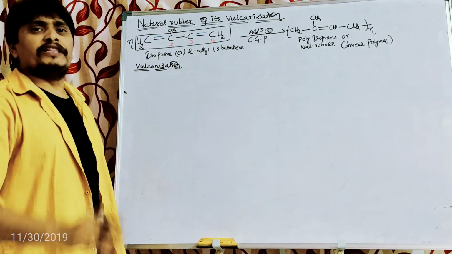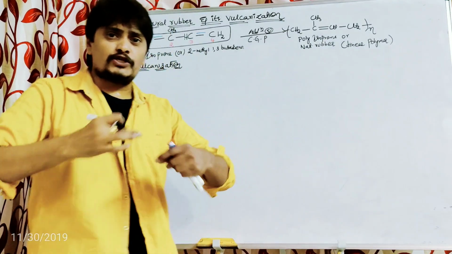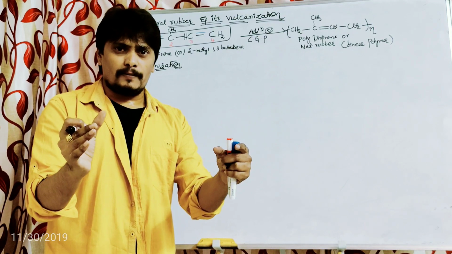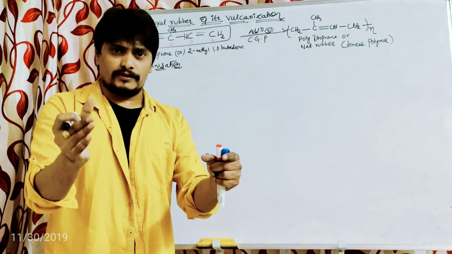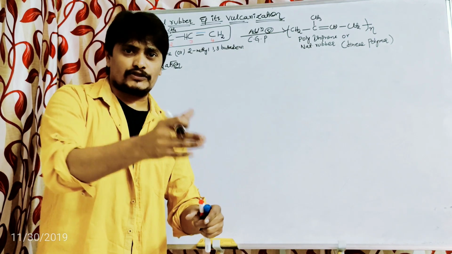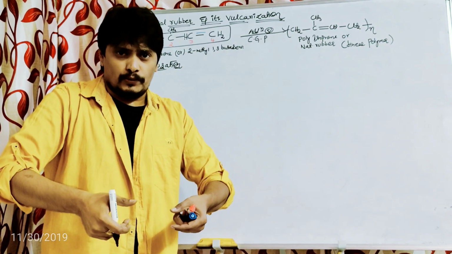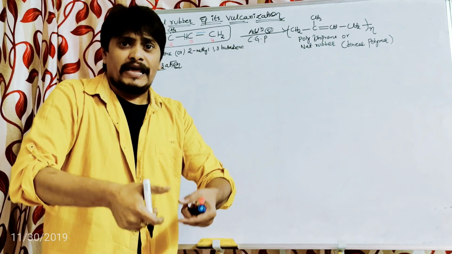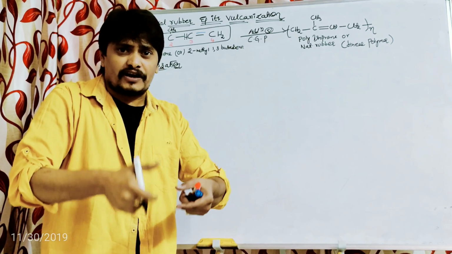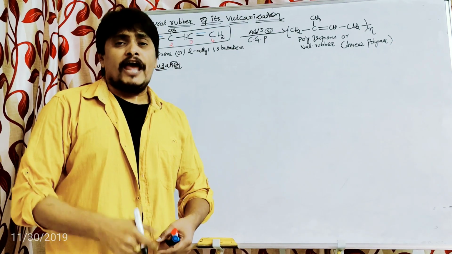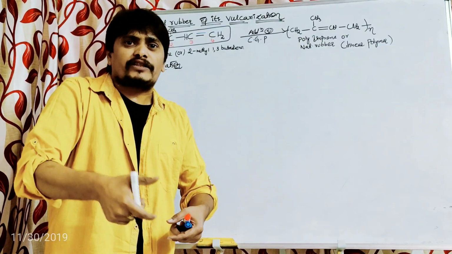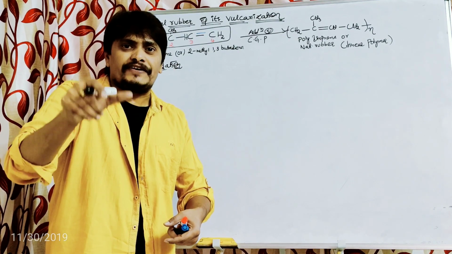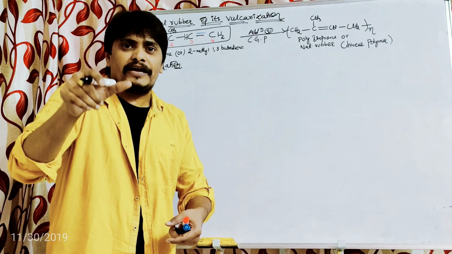So, during the vulcanization process, what we need to do is take a chamber, and in the chamber we pour the natural rubber, and we pass either steam or hot air into the chamber in which the natural rubber is present. Under the influence of the steam or hot air, around 120 to 140 degrees centigrade of temperature is maintained in the chamber.